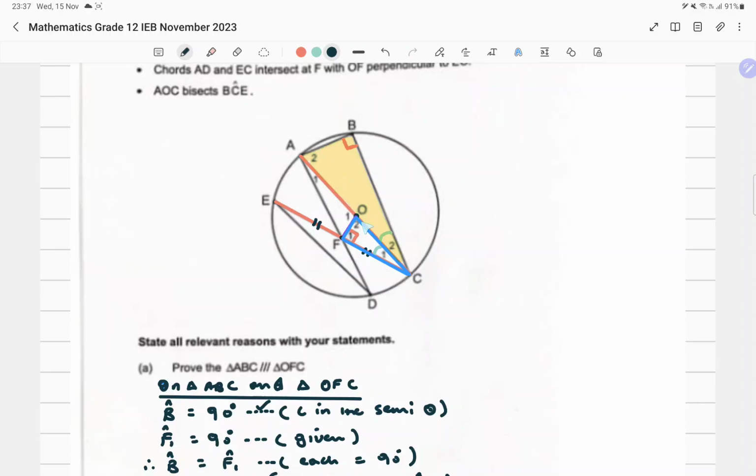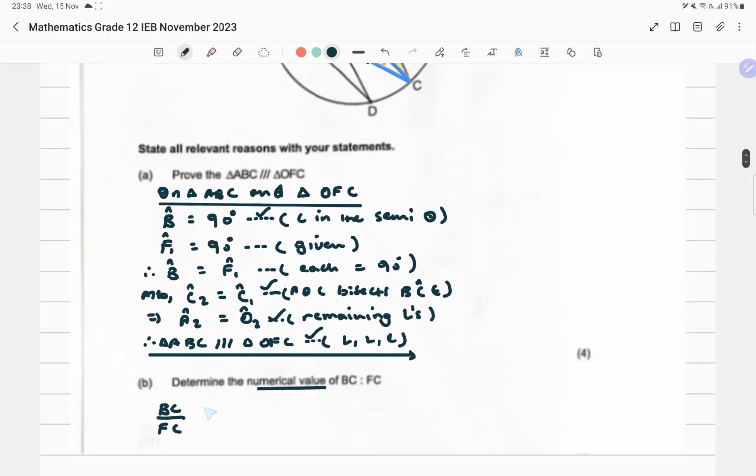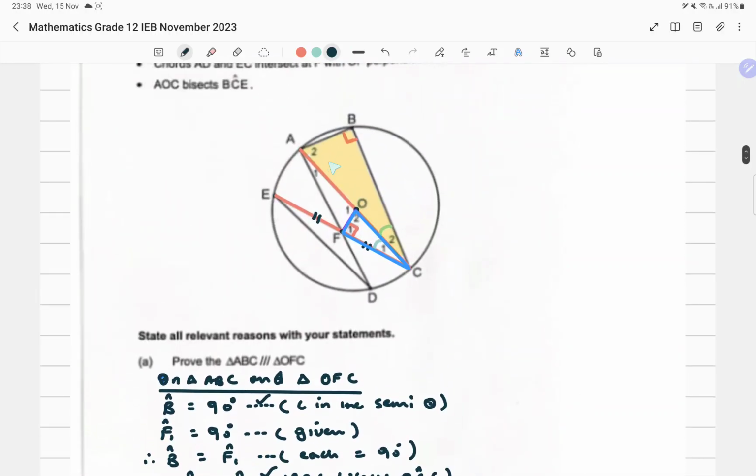But angle A2 is equal to angle O2 in the other triangle. The side opposite it is FC. So definitely those form a perfect ratio. But now we need to be smart. What is this equal to? Well, I'm going to choose AC on the other triangle. Why? Because I know AC is twice OC. This is the radius, this is the diameter. So I can have a nice division so that I can get a numerical ratio there.